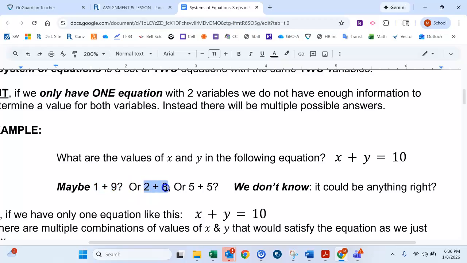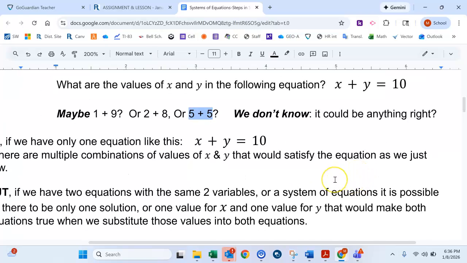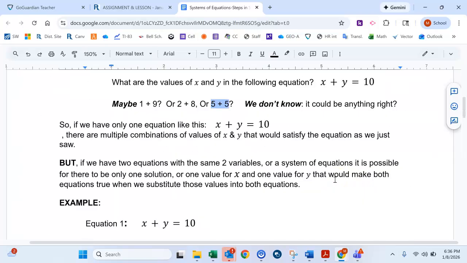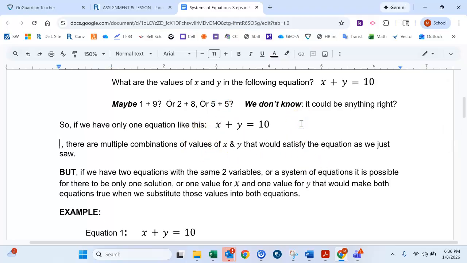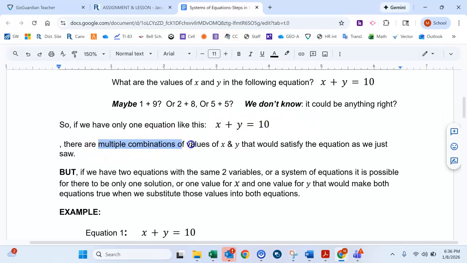Or maybe it's 2 plus 8, right? Because that equals 10, or 5 plus 5. We just don't know because we don't have enough information. If we only have one equation, there's multiple combinations of values that x and y can be.